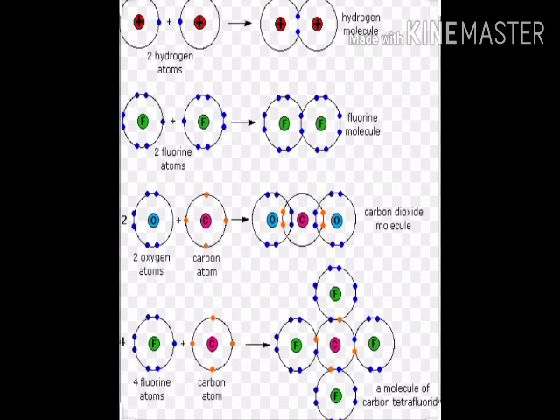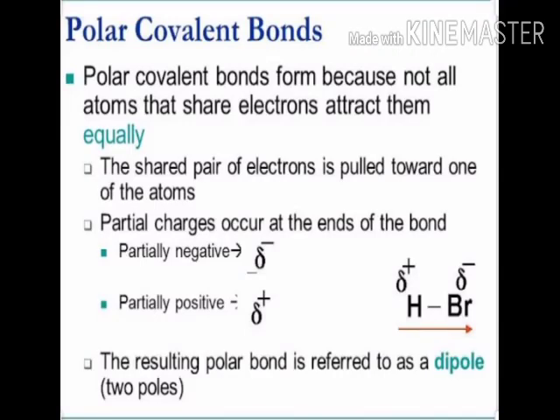These are some of the examples having covalent bonding: hydrogen molecule, fluorine molecule, carbon dioxide, and a molecule of ammonia, etc. Polar covalent bonds form because not all the atoms that share electrons attract them equally. That is, there is a difference in electronegativity because of which electrons are pulled towards the atoms having more electronegativity.